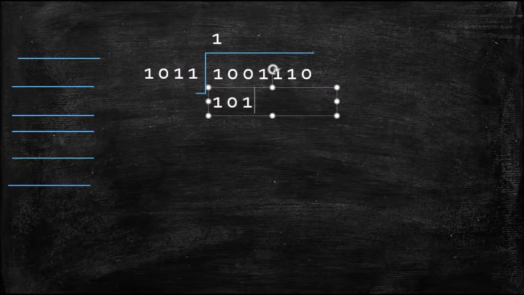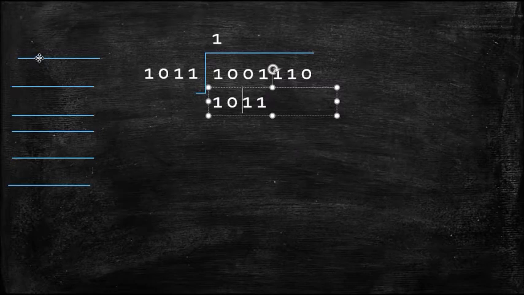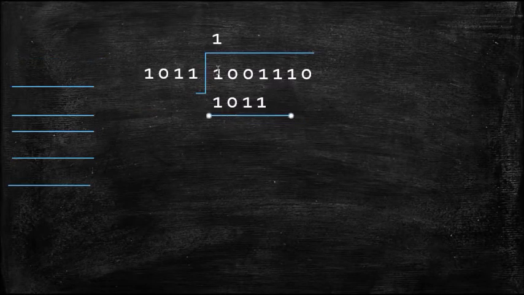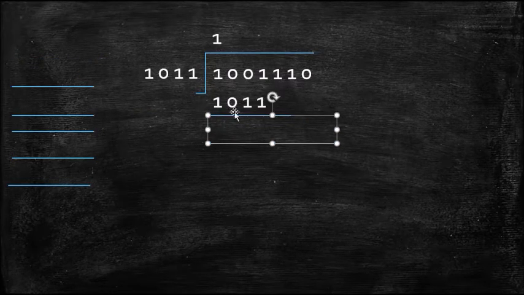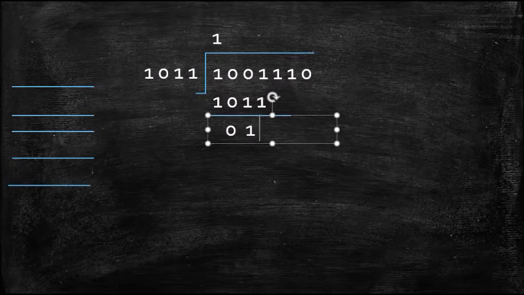So here 1 XOR 1 will be 0, 0 XOR 0 will be 0, 0 XOR 1 will be 1, 1 XOR 1 will be 0.